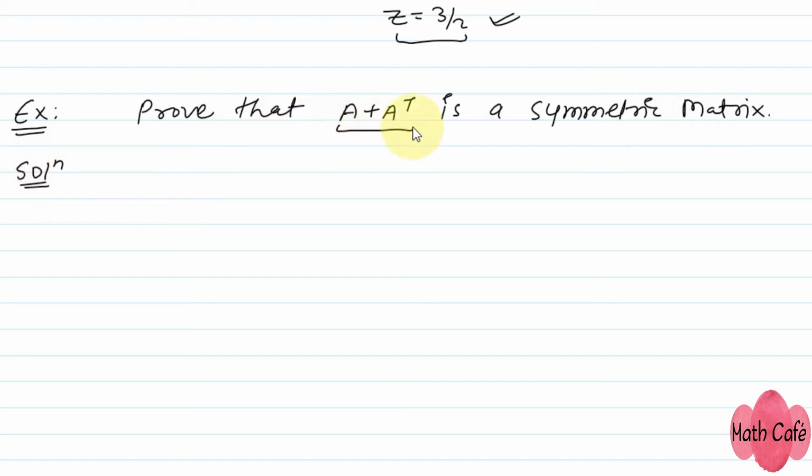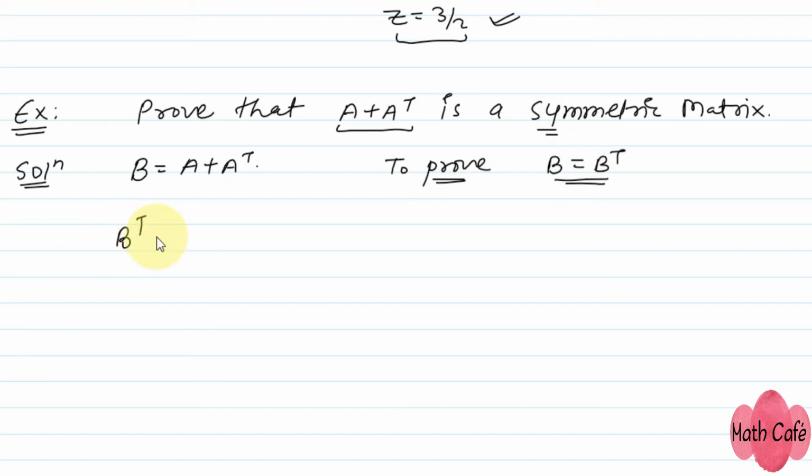Let's say A plus A transpose is another matrix B. So B is A plus A transpose, and we need to prove that B should be equal to B transpose, because we need to prove B is a symmetric matrix. Alright, let's find B transpose. That is A plus A transpose whole transpose.